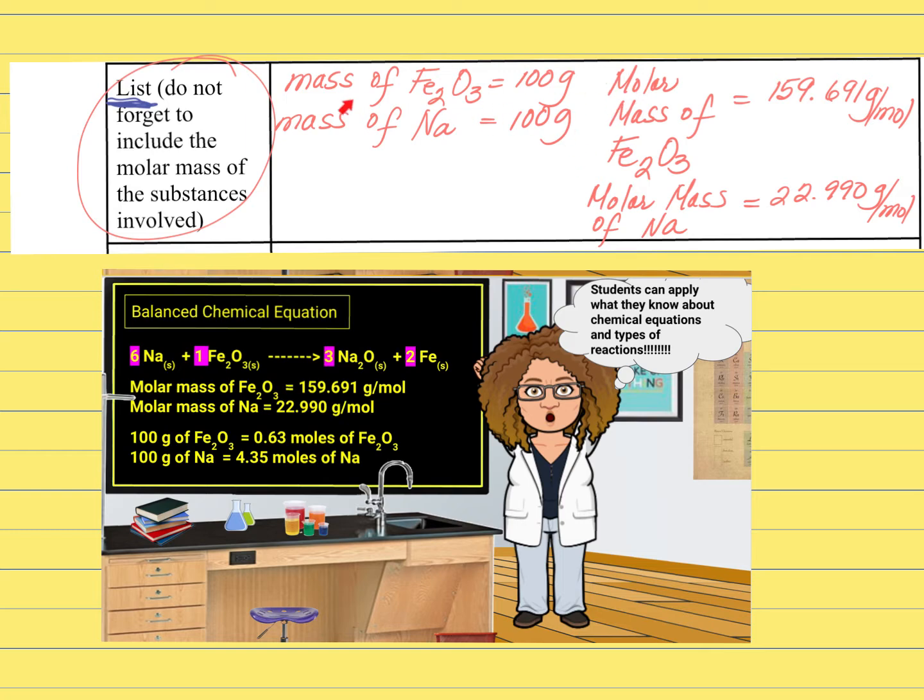So here, even though it was not explicitly there in the problem, I was listing over here the molar mass of iron trioxide and the molar mass of sodium. Sodium is an element, so you're going to find the molar mass on the periodic table.